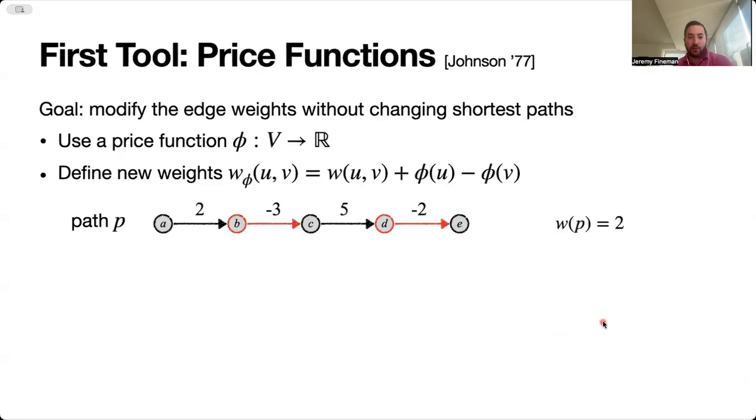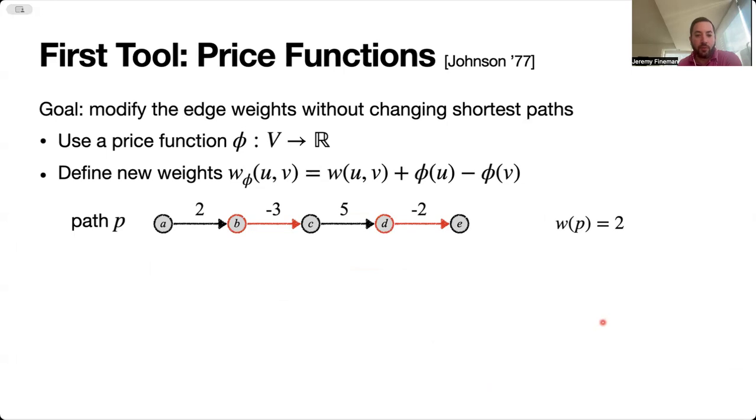Okay, so there's a couple of tools that I'll be using. The first is price functions, which are attributed to Johnson. The idea is to modify the edge weights without changing shortest paths.